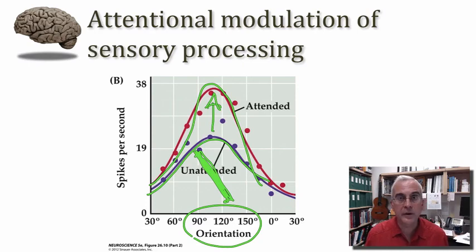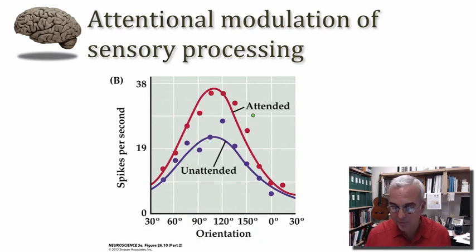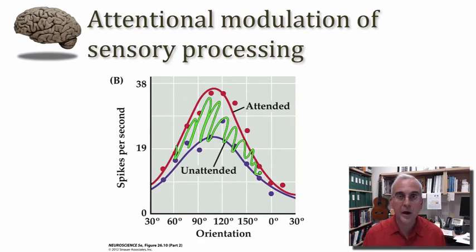Now, what we don't really understand in full yet is, where does this attentional signal come from? What's responsible for this effect where we see an increase in the response and selectivity of neurons, even in early sensory cortex? Well, we imagine that this parietal associational network has a significant role to play.